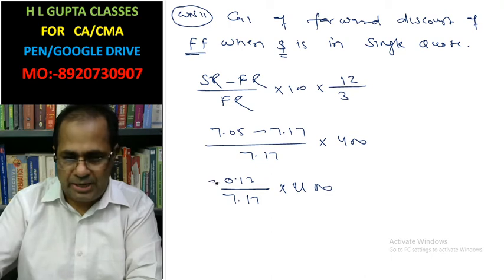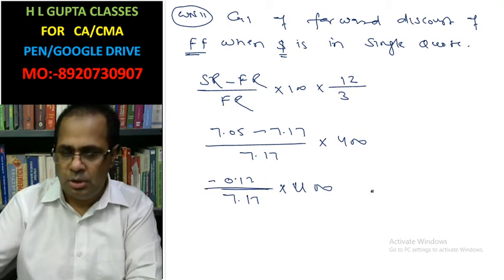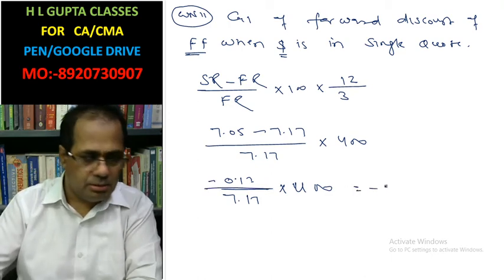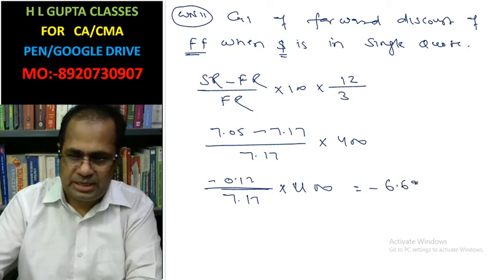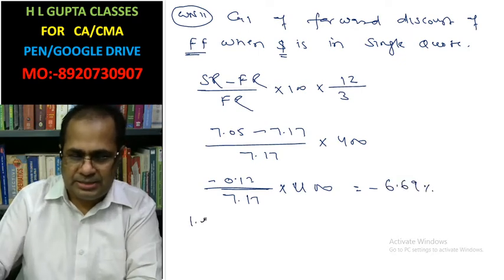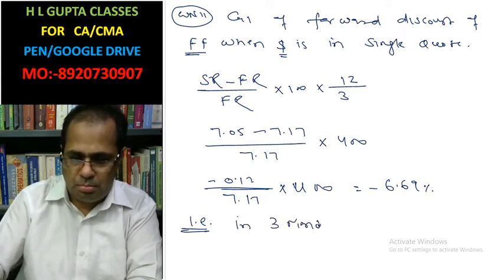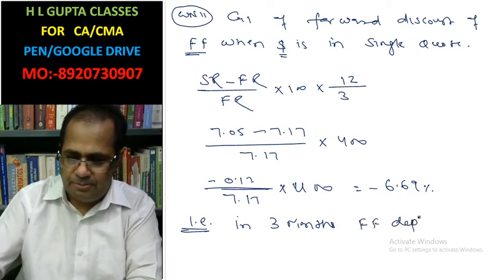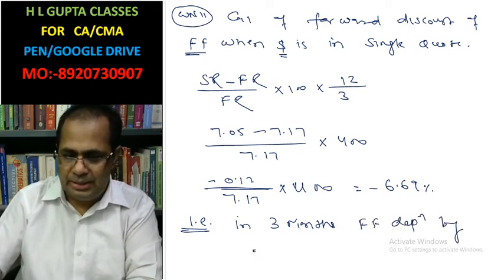This is the minus 6.69%. That is, in 3 months, the French franc depreciated by 6.69%.